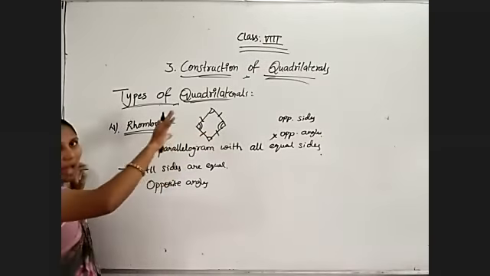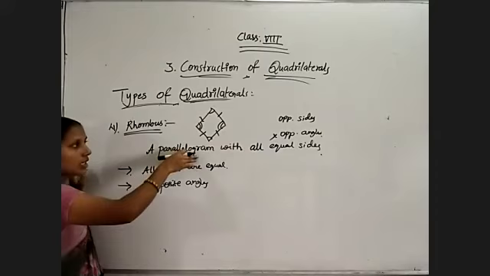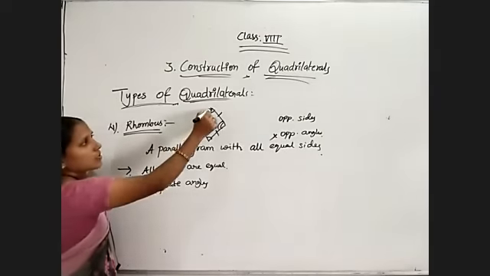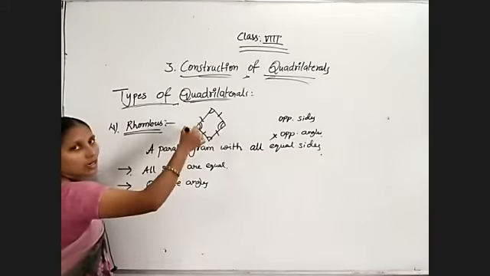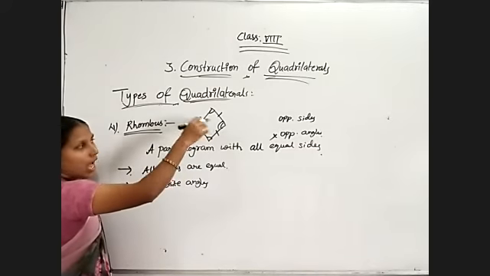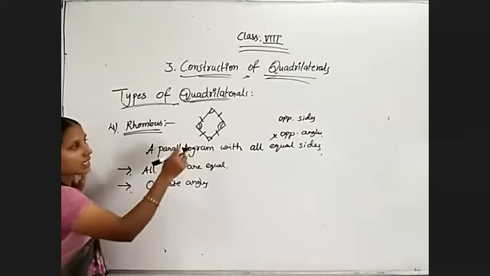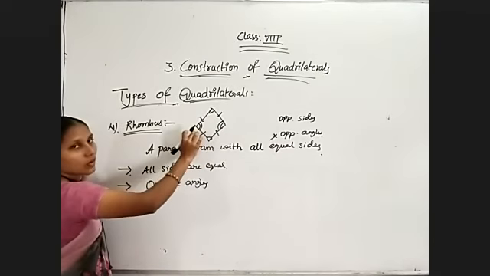Because in a parallelogram opposite sides are equal, but all remaining properties are suitable for a rhombus, because just observe, opposite sides are parallel and equal. So all sides are equal, then opposite sides are also equal, then opposite angles are equal.